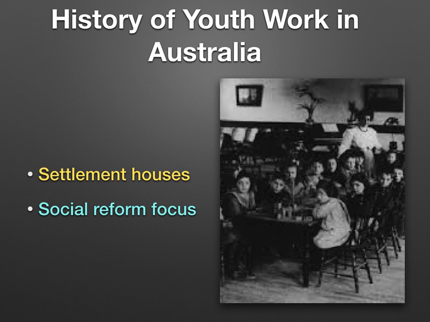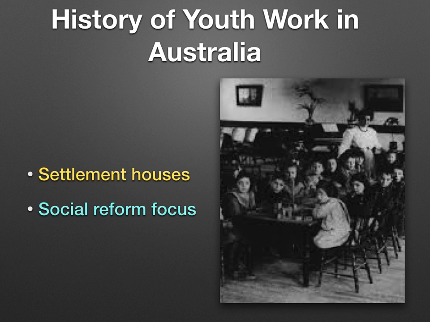The second focus was settlement houses, and this focus was really a social reform type focus. And so what happened was that they would set up a house in a neighbourhood where there were issues or where there were low socioeconomic situations, and they would bring in people who would be an influence on those people in that area.